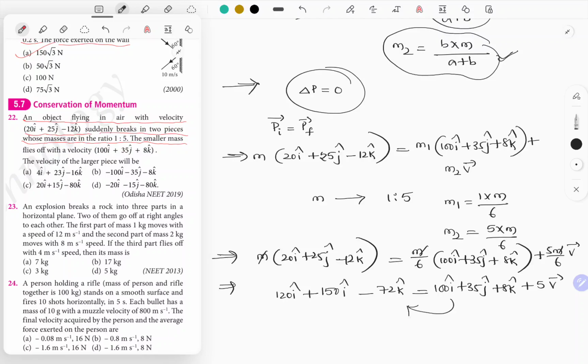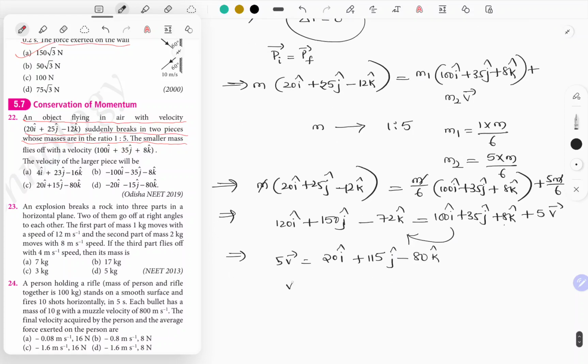So sending this to the left side, 5 v bar is equal to 120 minus 100, which is 20 i cap, plus 150 minus 35, which is 115 j cap, and minus 72 minus 8, which is minus 80 k cap.